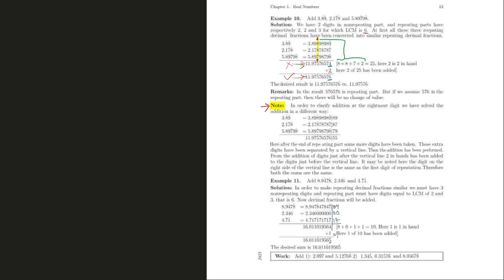If this was written after the 6th digit, it would come as 87. If this was written after the 6th digit, it would come as 79, not as 98. That's how they've written it here after the end of the repeating part. Some more digits have been taken. So that's how they have actually sorted this out.